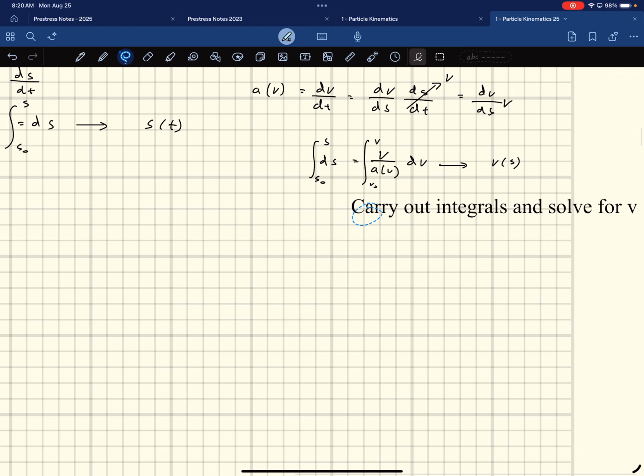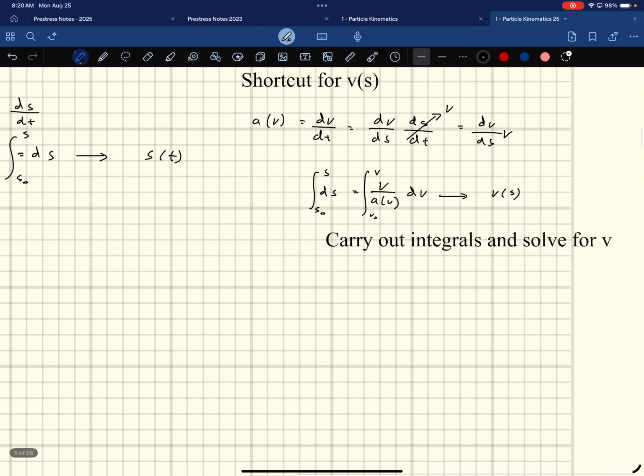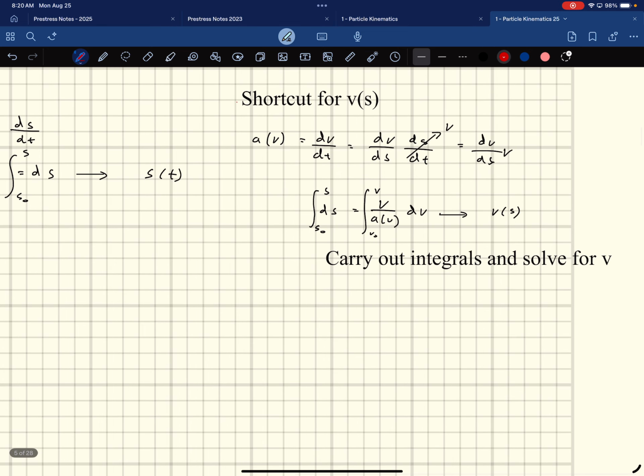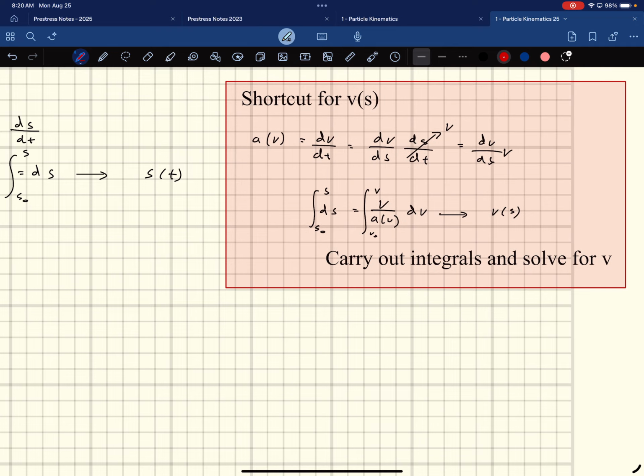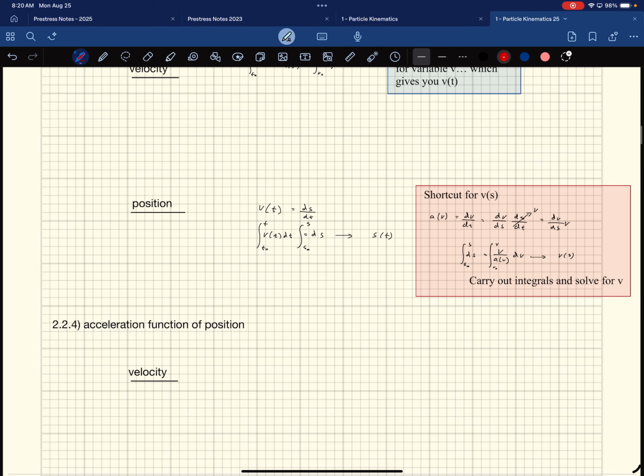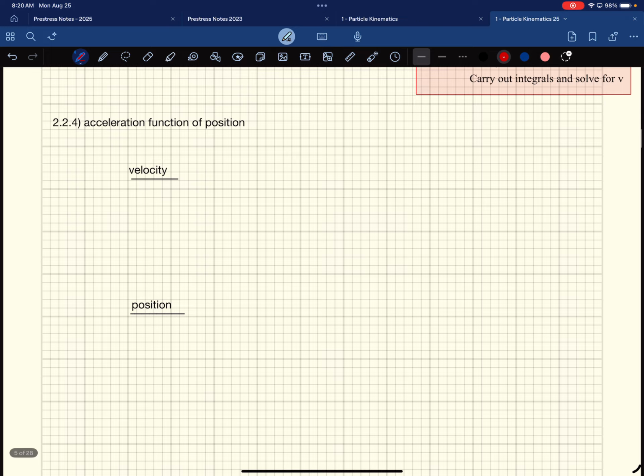All right, that's a little shortcut. There are some cases where you might want to do that. Cool. All right, last one. Acceleration as a function of position.